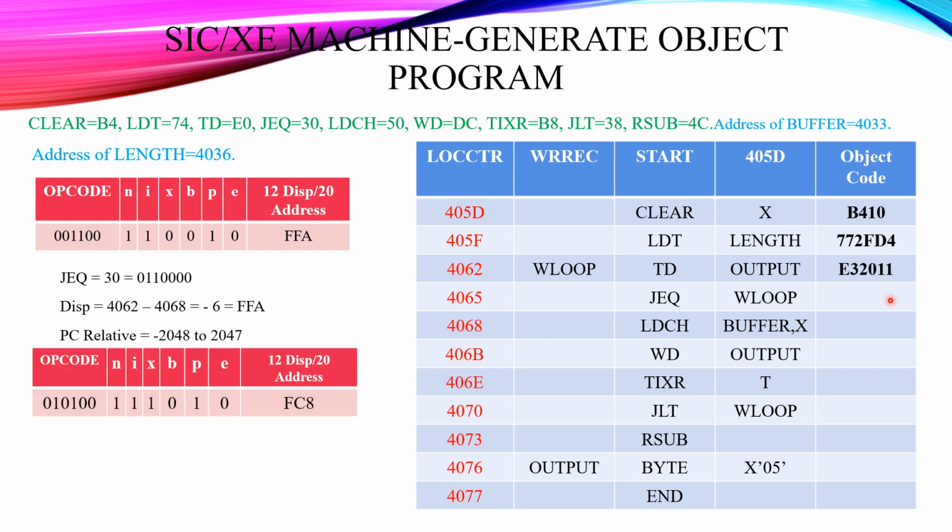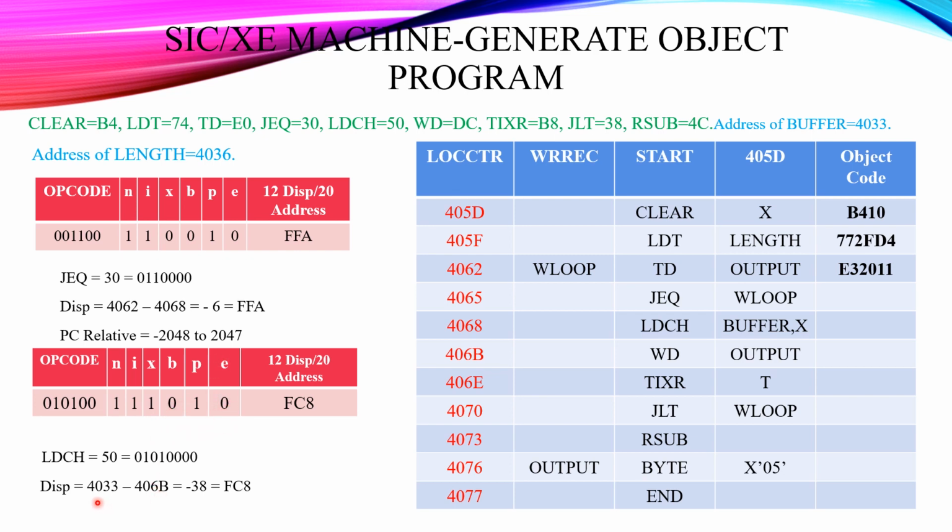And the next instruction is BUFFER,X. It is also a format 3, and the instruction is LDCH, where it is 50, where we have to write it in binary form 010100, and we are using N and I values as 1. Here we are using X, so we need to write the X value as 1, and it is a format 3, so the E value will be 0.